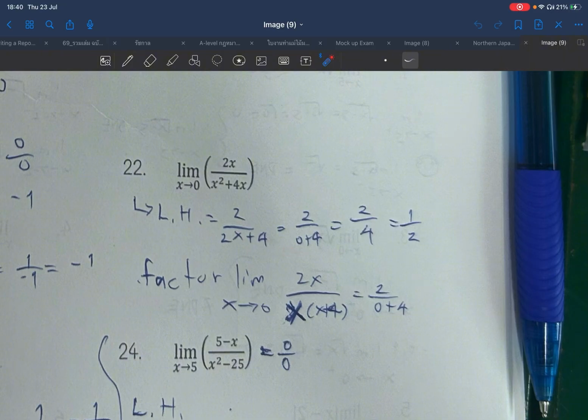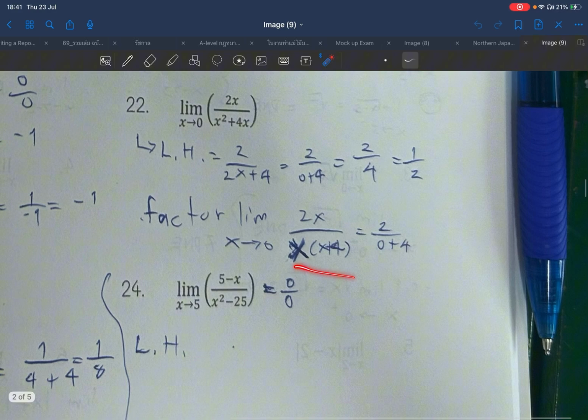So we should get 2 over 0 plus 4. So adding this up, we'll get 2 over 4. Simplifying this, we should get 1 over 2. This is the same, you will get the same answer.